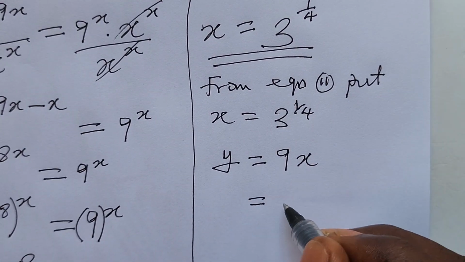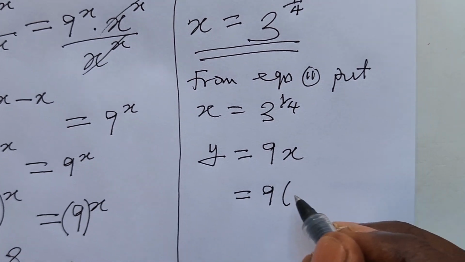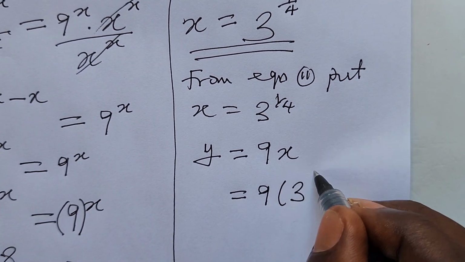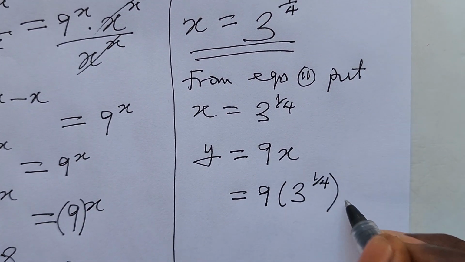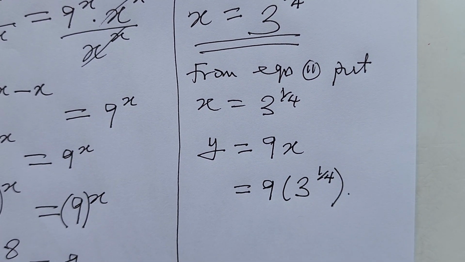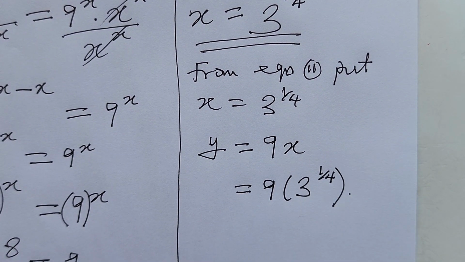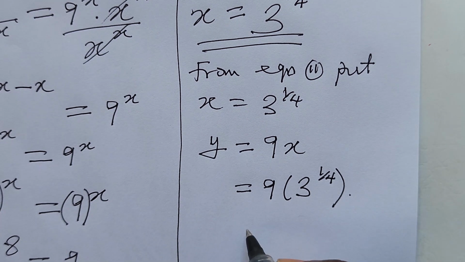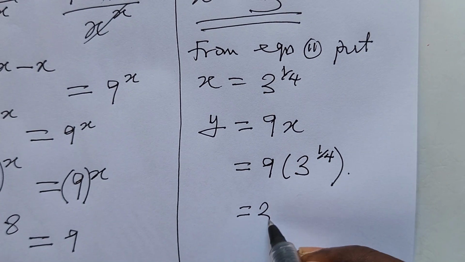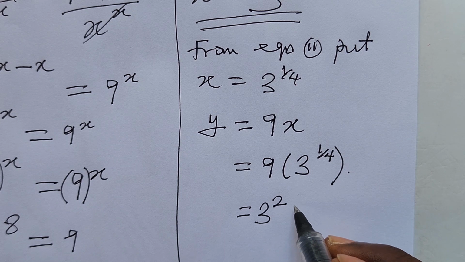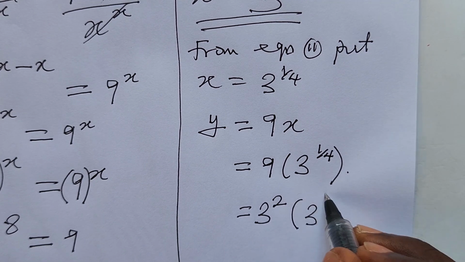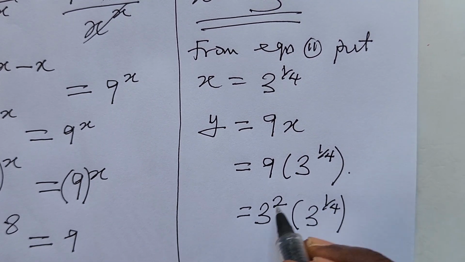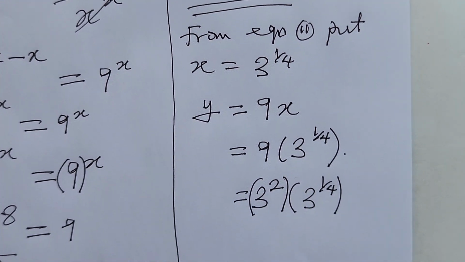So if we substitute, we're going to have here 9 into our 3 all to the power of 1 all over 4. Those are brackets. Again, we can write our 9 as 3 to the power of 2. So this is going to give us our 3 to the power of 2 into our 3 to the power of 1 all over 4. Let's put this in bracket also.